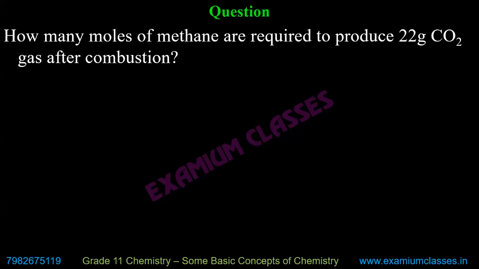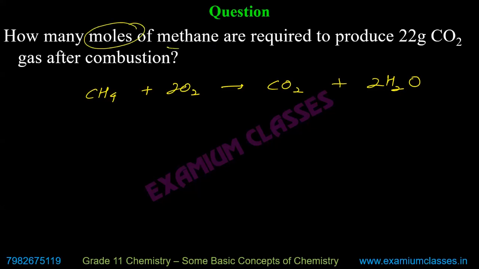Next question. How many moles of methane are required to produce 22 grams of CO2 gas after combustion? Again, write the same reaction. CH4 plus 2O2 will give you CO2 plus 2H2O. Now it is how many moles of methane, so we need to consider methane.